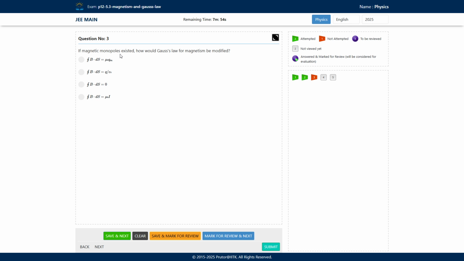If magnetic monopoles existed, how would Gauss's law for magnetism be modified? If we take the imaginary situation that monopoles exist, then Gauss's law for magnetism will be modified, by analogy with electrostatics.